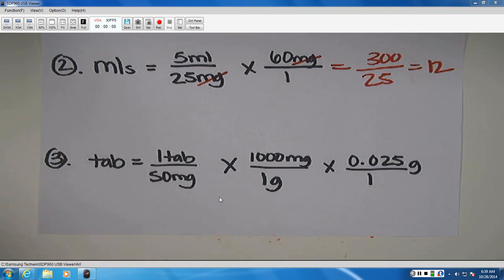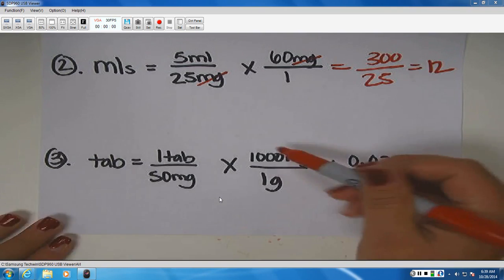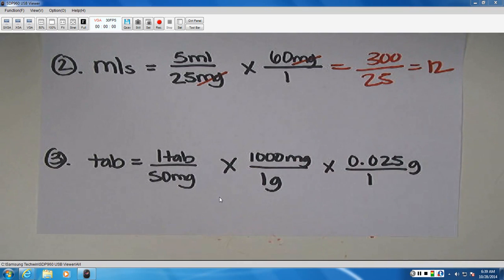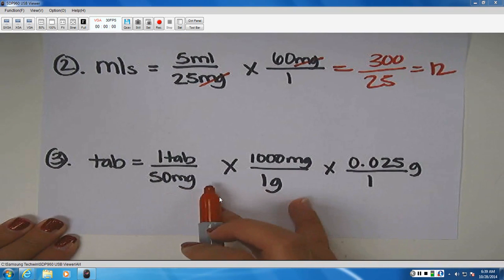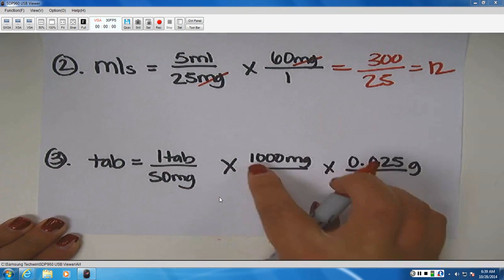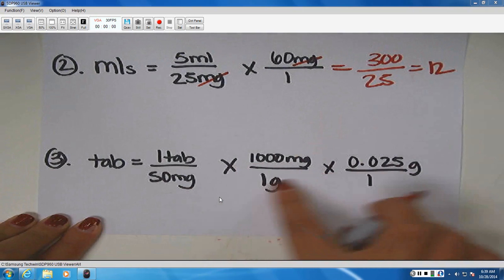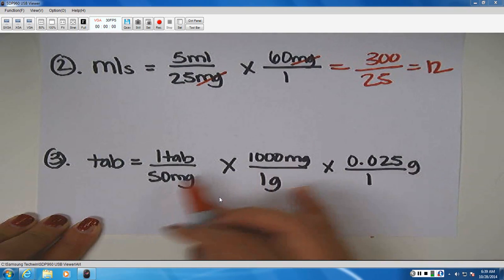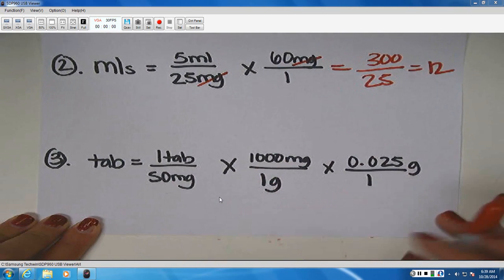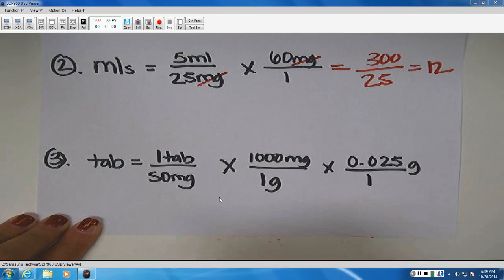So we're going to have to go back to your conversion sheet, and you just simply then set up the conversion of grams and milligrams. So here I have 50 milligrams. So over here on the numerator of this fraction, I want to put how many milligrams are in 1 gram, or vice versa.